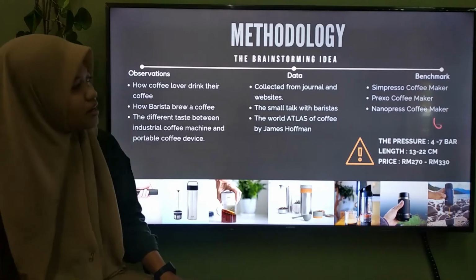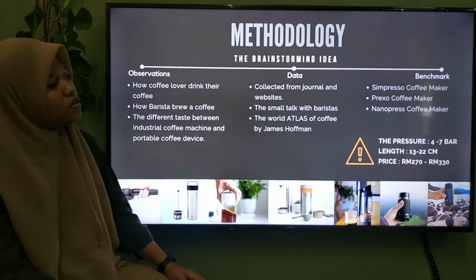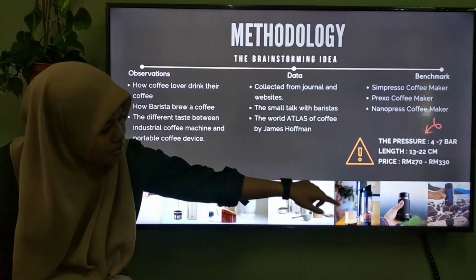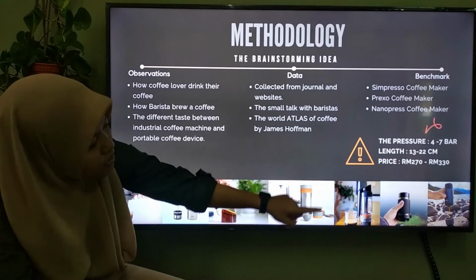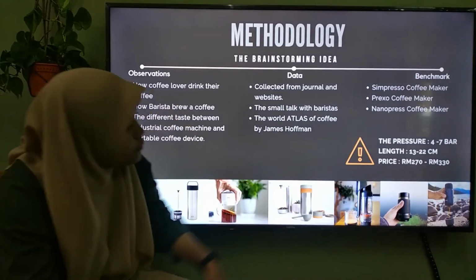For the benchmark, I used the Simpresso coffee maker, Presso coffee maker, and Aeropress coffee maker. As you can see, on the right side is the Nanopress, and the second one is Presso, and this is Simpresso.